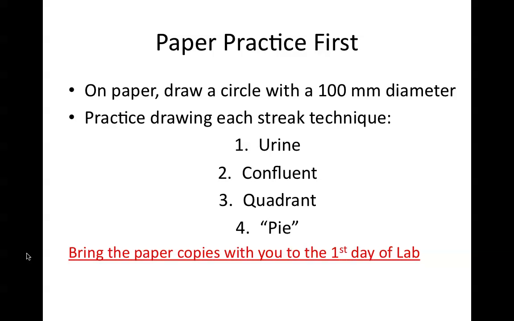With a pencil or pen, or even a marker, practice drawing the following example techniques that are illustrated on the additional slides. For urine, confluent lawn, quadrant for isolated colonies, and the pie sections. Bring this paper and all these paper copies of your practice activities with you to lab the first day of the semester lab activities.